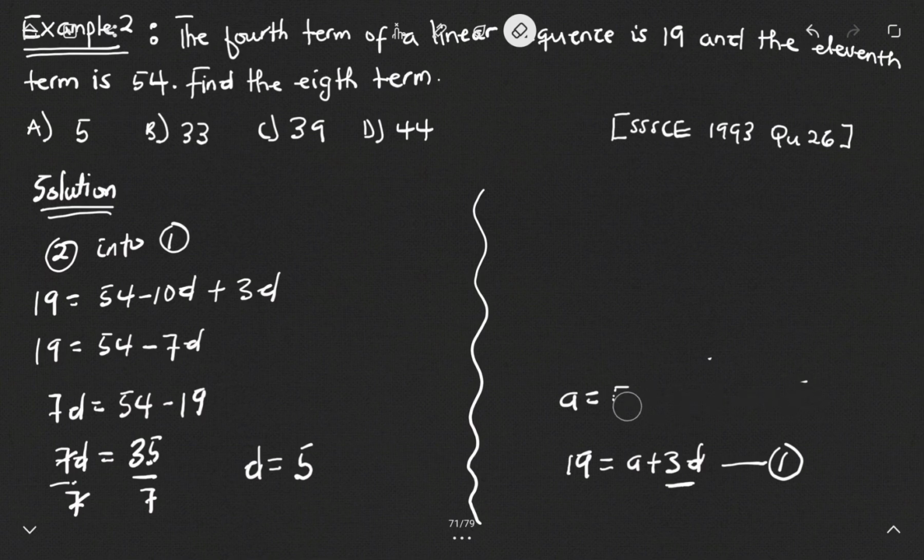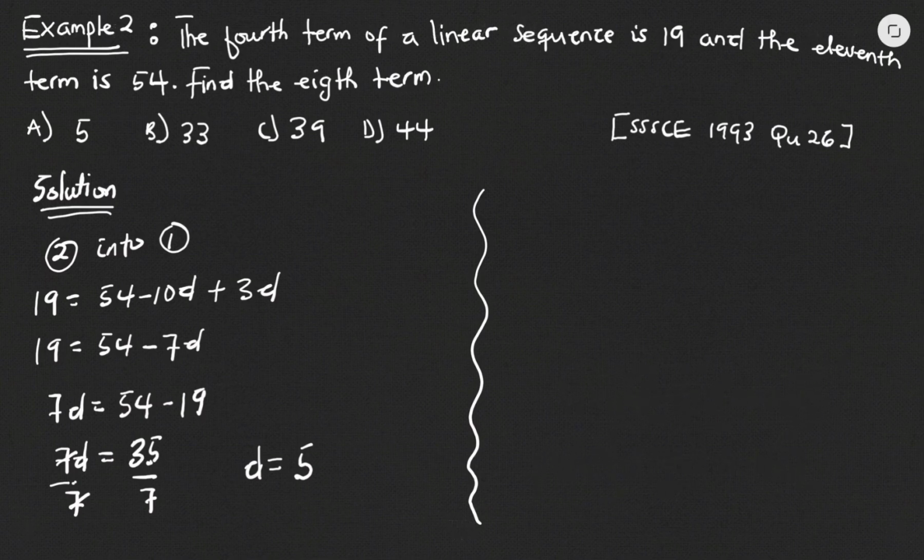Keep that in mind. Okay, so using equation 2, we have a is equal to 54 minus 10d.